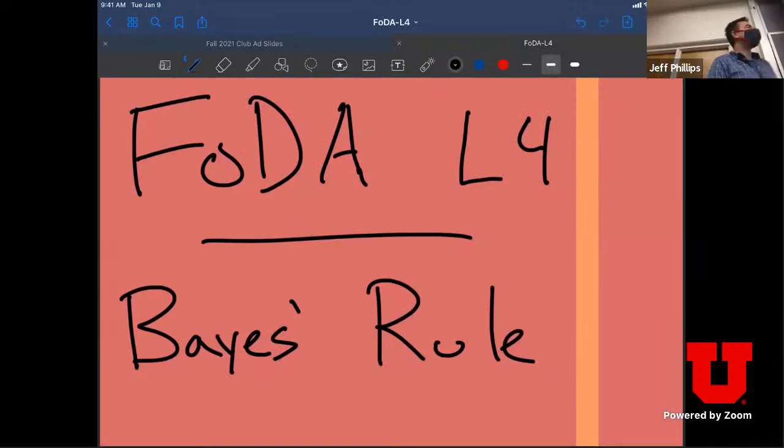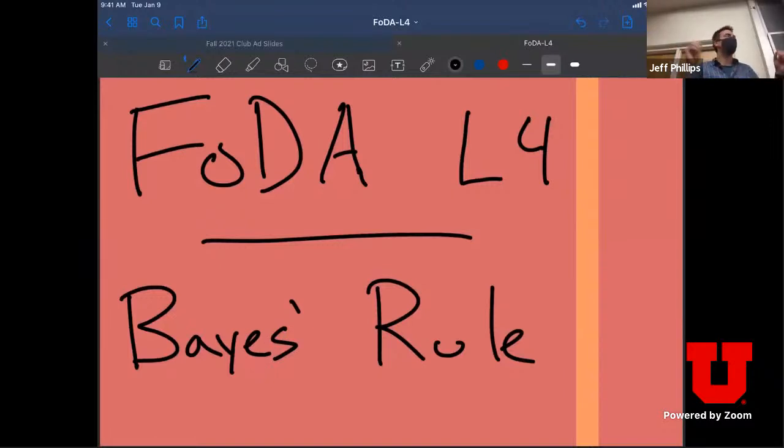Great. So we are moving past the review section. We're going to go over Bayes' rule, which you've probably seen before in your probability course. But we're not just going to look at Bayes' rule as a definition. We're going to start to do a small amount of analysis today.